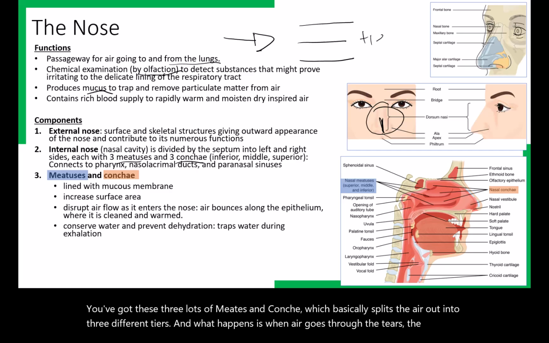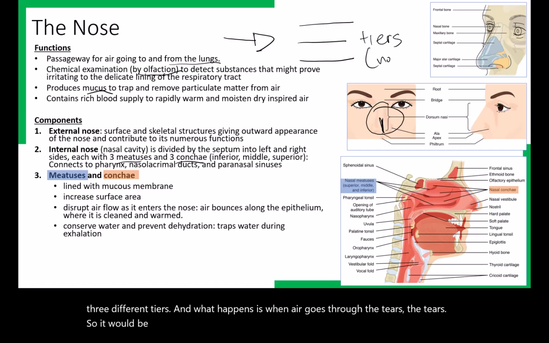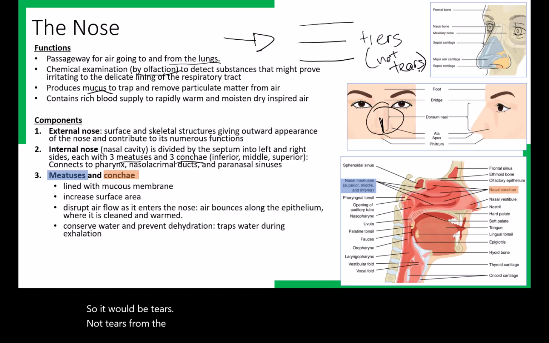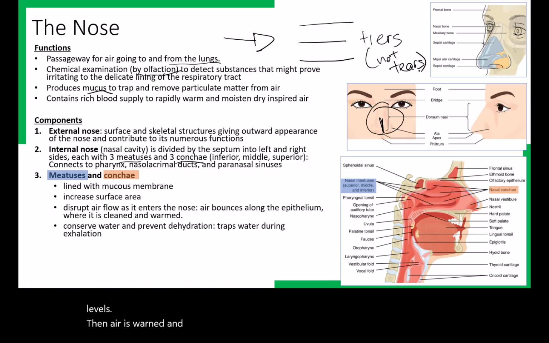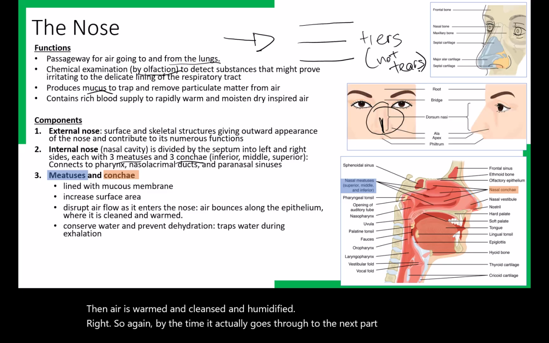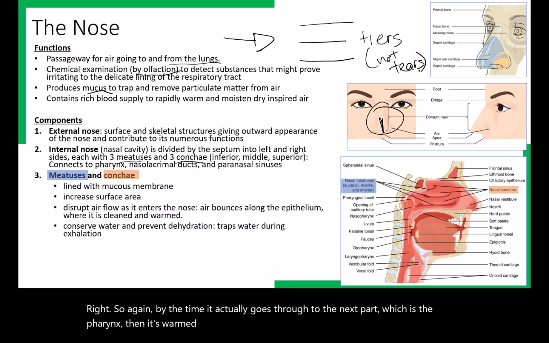So it would be tiers, not tears from the eyes. What happens is when it splits up into these 3 different levels, then air is warmed and cleansed and humidified, right? So again, by the time it goes through to the next part, which is the pharynx, then it's warmed, humidified, and filtered air.